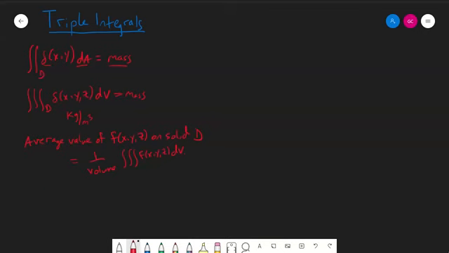And you can also find things like the centroid, center of mass, and so on. All those things that we talked about for double integrals, where your region was just a thin plate, sort of a two-dimensional region, all those things work in a very natural way for three-dimensional solids.